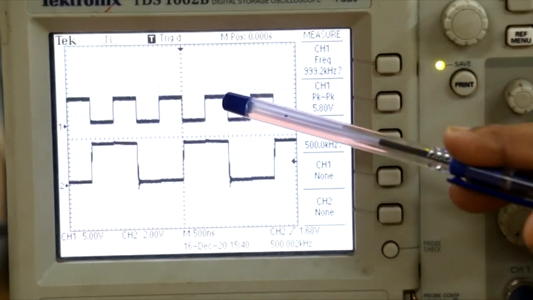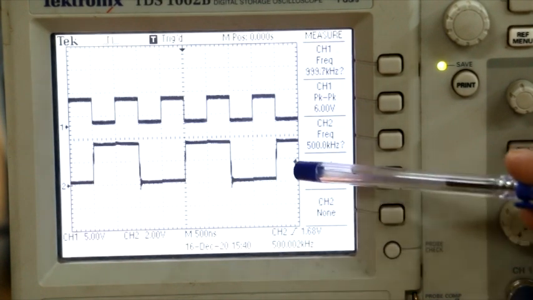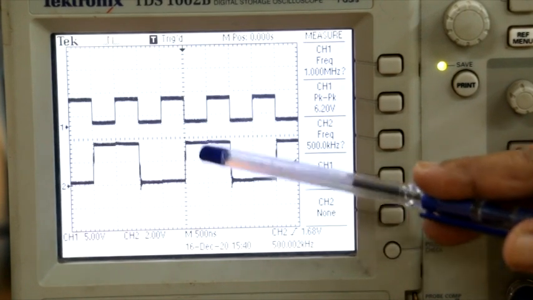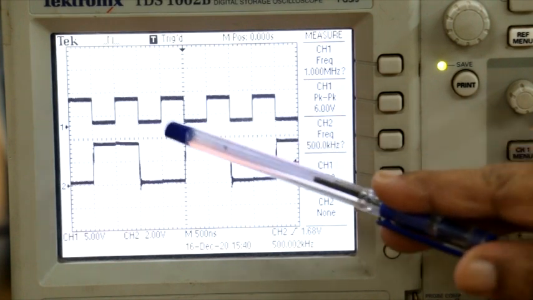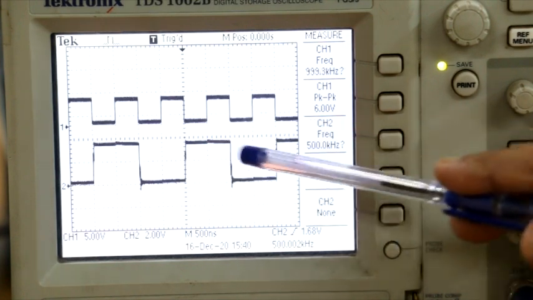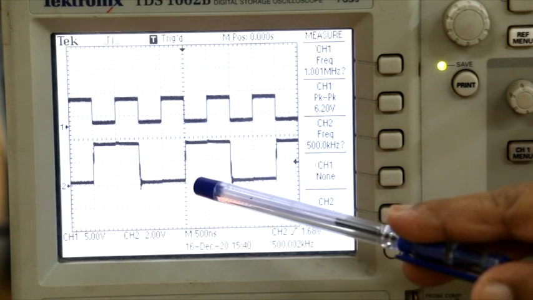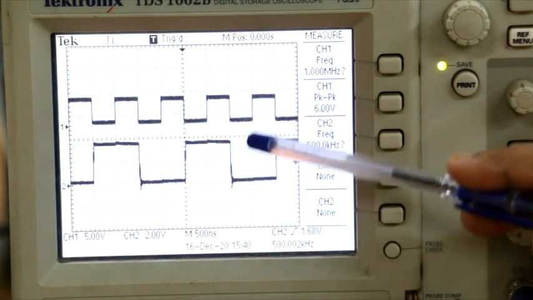You can see that at every negative edge the output toggles. That is why it's called a divide by 2 counter: corresponding to 2 clock cycles here, you have 1 cycle here. When you go from this 0 to this 0, there are 2 clock periods. So you can think of this as a divide by 2 counter.